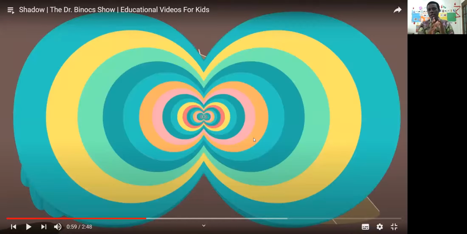Okay, so here he explains that shadows are formed by things which hinder the light. If light cannot pass through something, that thing will appear dark. It will form a dark side on the other side of the thing. That is what we call shadow, because the light cannot pass through it.